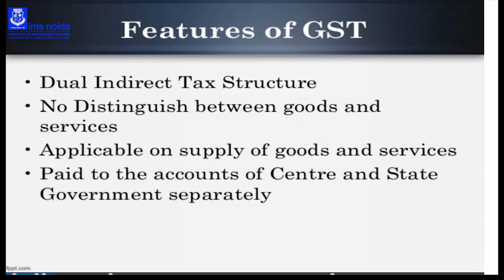For example, if a good has GST of 18%, we are liable to pay 9% to the central government under the CGST head, Central Goods and Services Tax, and 9% under the SGST head, State Goods and Services Tax.